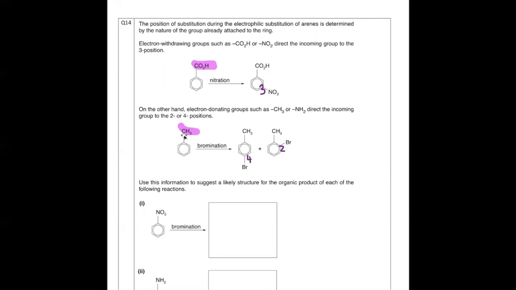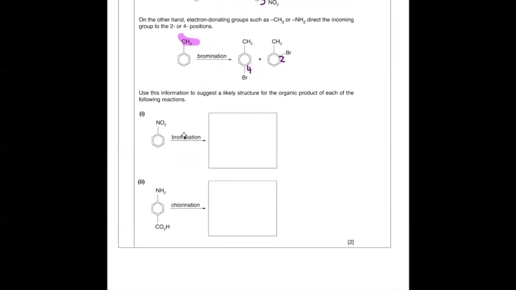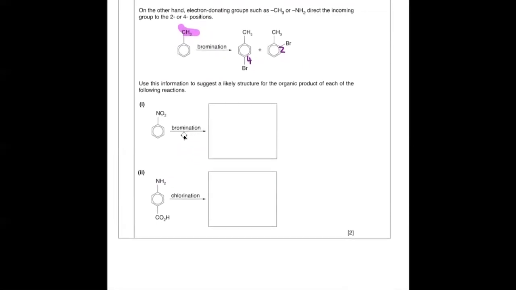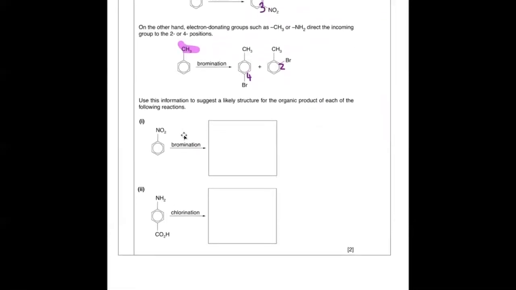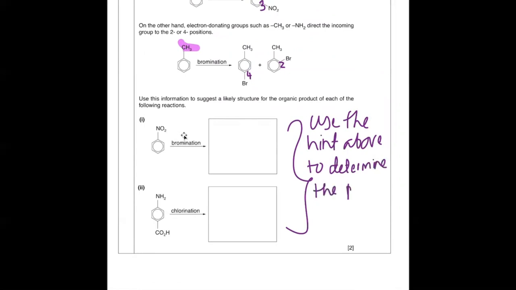Okay, so for the question below, use this information to suggest the likely structure for the organic product of each of the following reactions. So you need to think about the position. Okay, use the hint above to determine the position of your electrophile.